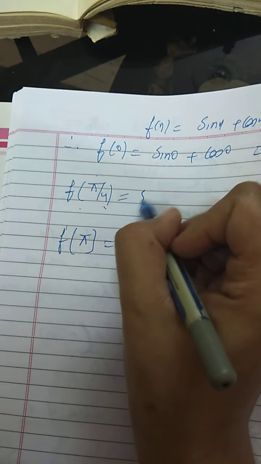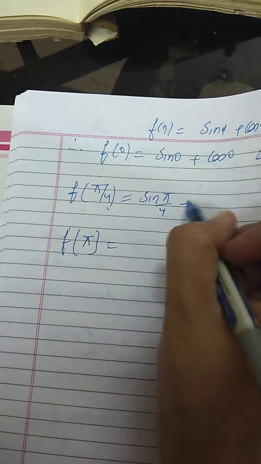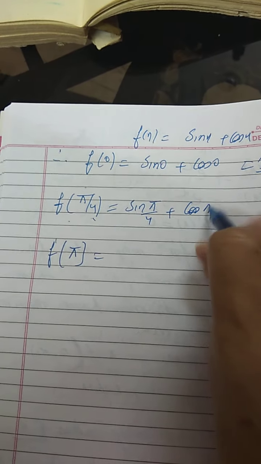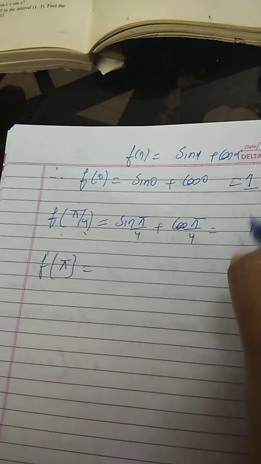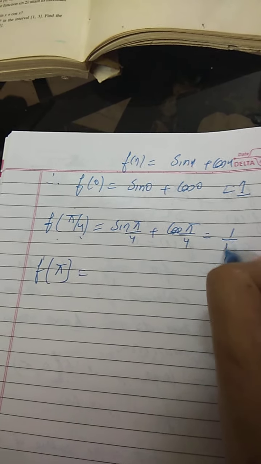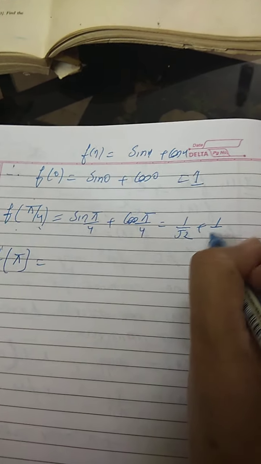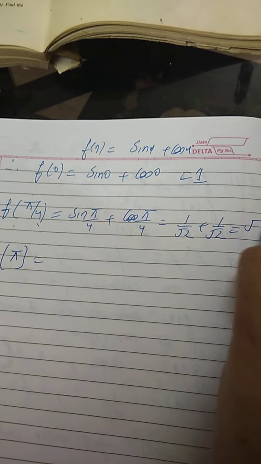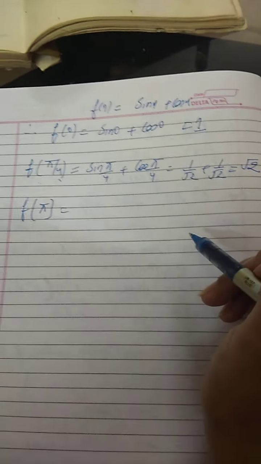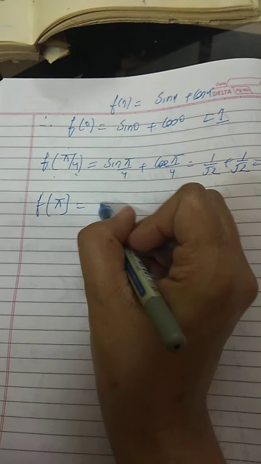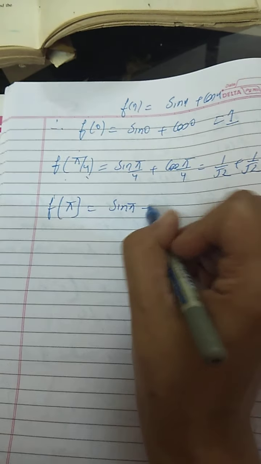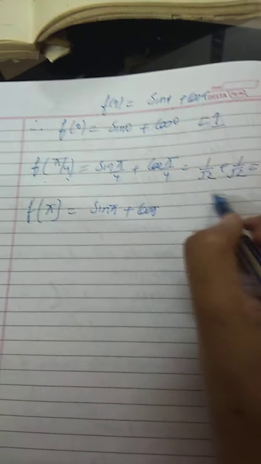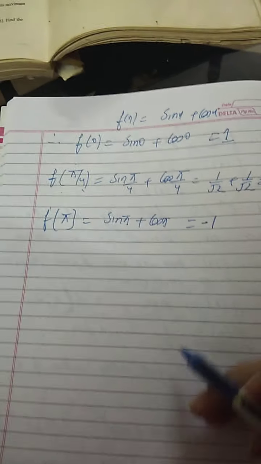F of pi by 4 is sin pi by 4 plus cos pi by 4, and we know it is 1 by root 2 plus 1 by root 2, that is 2 upon root 2, it is root 2, okay? And f of pi is sin pi plus cos pi. Sin pi is 0, cos pi is minus 1.